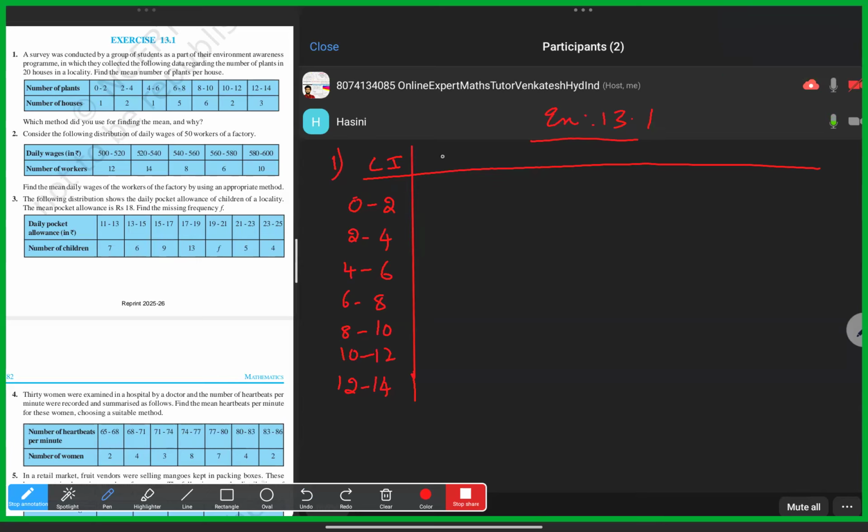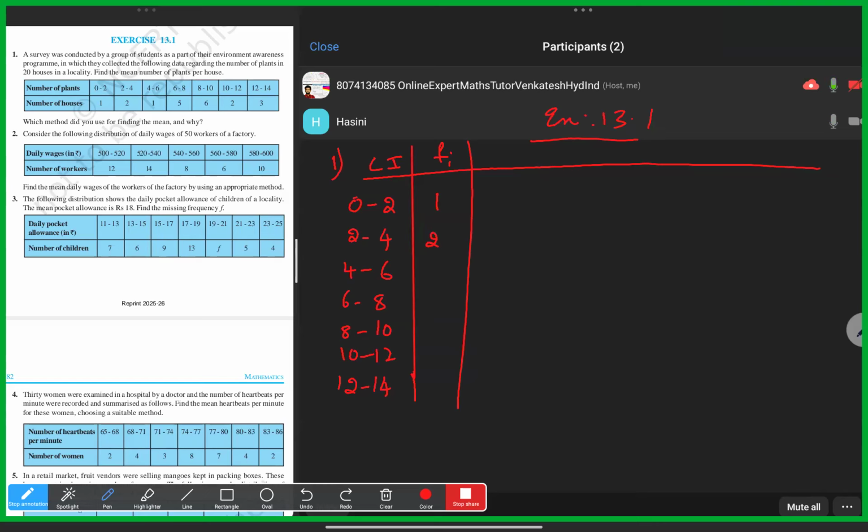Now I'm writing the frequency column, f i. Here i is the position: the first frequency, the second frequency, the third, like that.